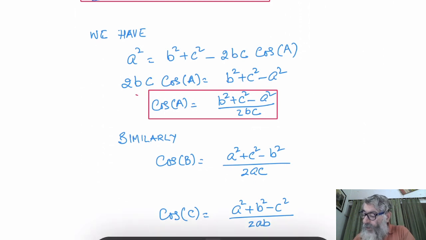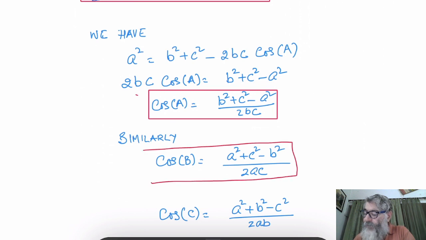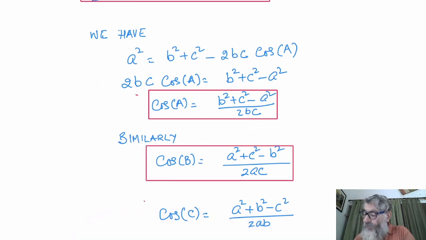So this is how we can calculate the cosines of the angle in terms of the sides of the triangle.